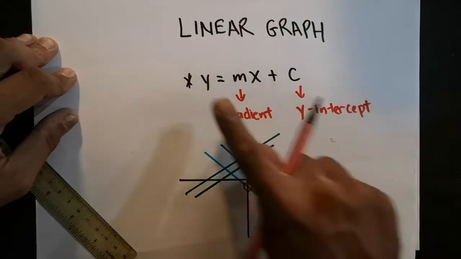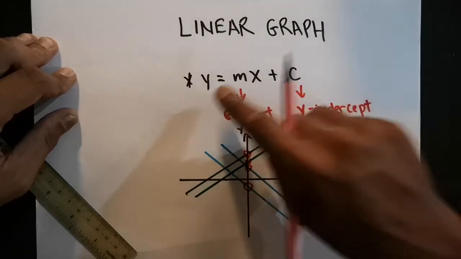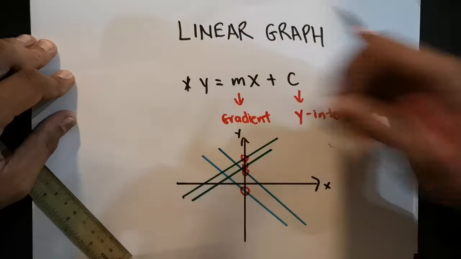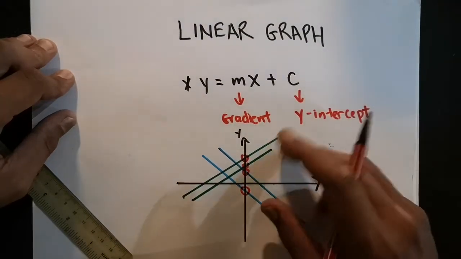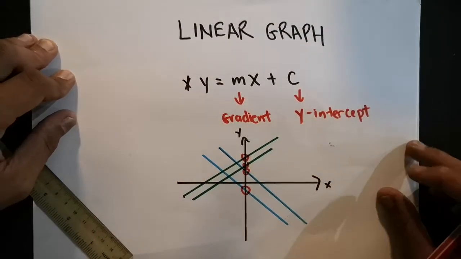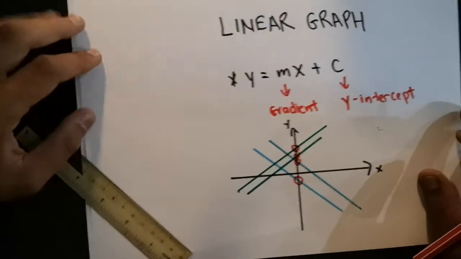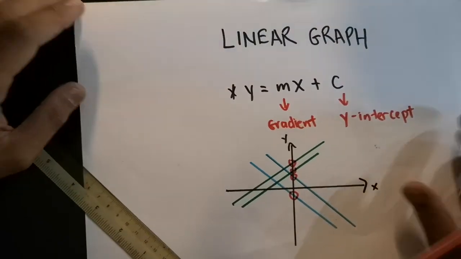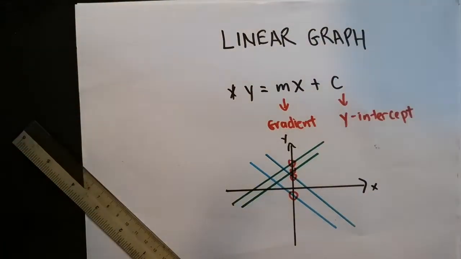Okay, y and x are the coordinates that you are going to put in when you want to get a straight line. Example, I give you a random equation. Let's say I have an equation of y equals to 2x plus 4.